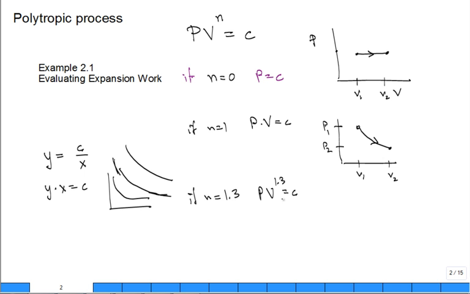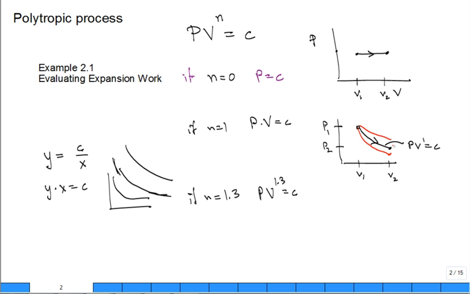I don't know quite how to plot that, but I'll give you a question. Should this be a first clicker question? Let's make it a clicker question if you have your clickers with you. Compared to the other curve right here, where I plotted PV to the 1 equal to a constant, do you think that the curve, if it starts at the same point, would come out lower or higher?